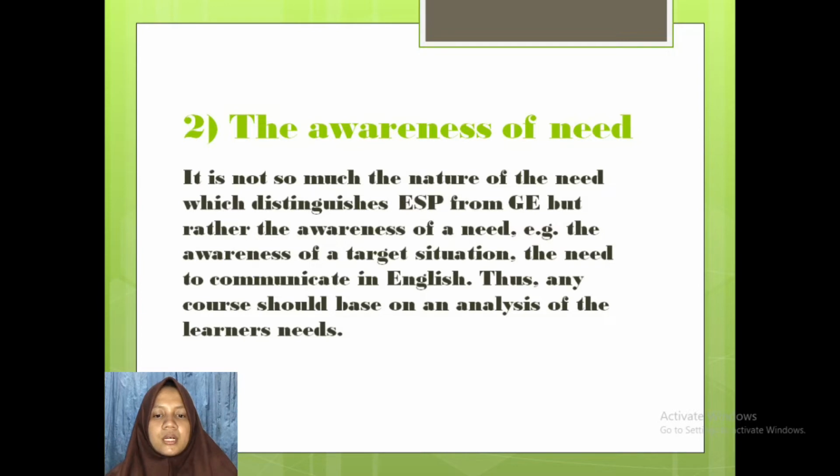It is not so much the nature of the need which distinguishes ESP from GE, but rather the awareness of a need, for example the awareness of a target situation, the need to communicate in English. Thus any course should be based on an analysis of the learner's needs.